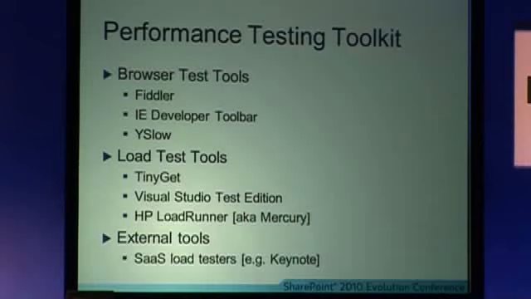The final type of tool is software as a service load testing, companies like Keynote. What they do is they test your whole infrastructure, not just from within the firewall of the system that you're doing your tests from, but worldwide. So they will be able to show you the performance and the response times from Australia if you're hosted in Europe, for example. And they won't just guess those.